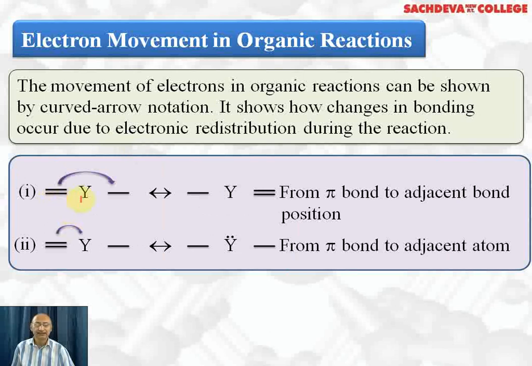First, here we have a double bond, here we have a single bond, and this is the atom Y. So the pi electrons from this double bond shift to this place, so then this single bond will change to a double bond, whereas this double bond will change to a single bond. So here pi electrons are shifting to the adjacent position so as to form a new pi bond, and the old pi bond will change to a sigma bond.